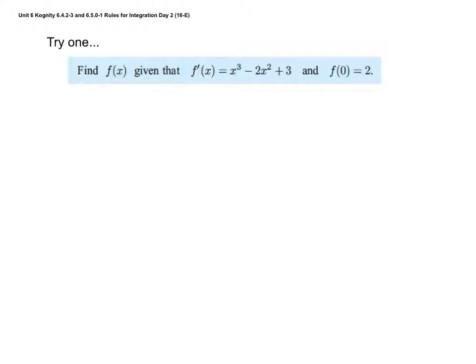You took the integral, alright, so what was the integral? 1/4 x to the fourth minus 2/3 x to the third plus 3x plus c. Good. Then you plug in 0 and make it equal to 2.